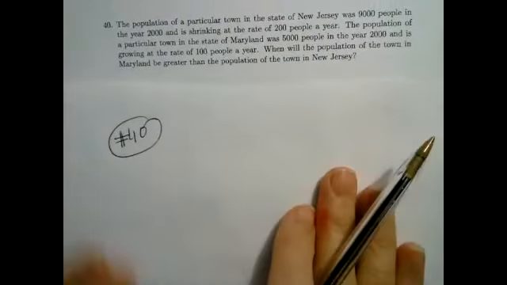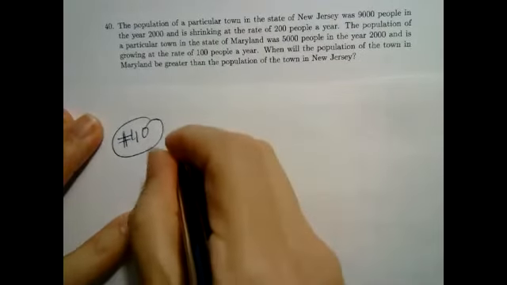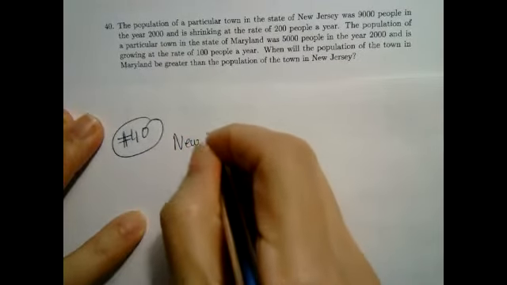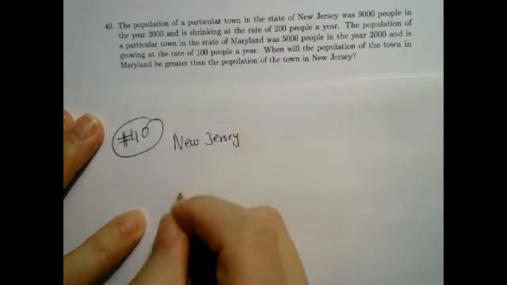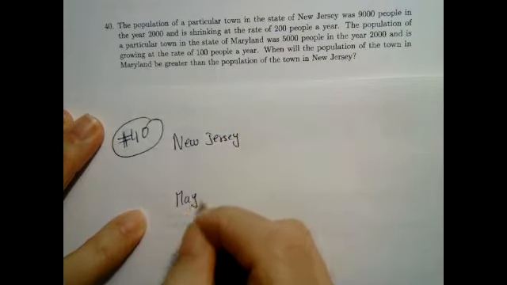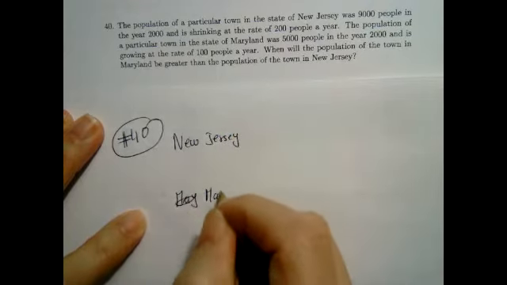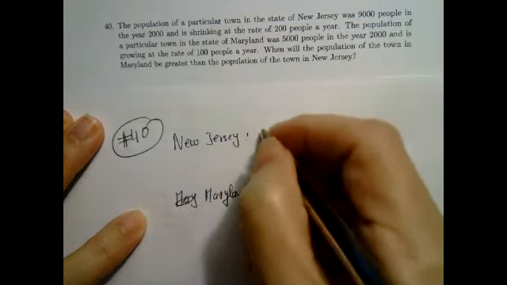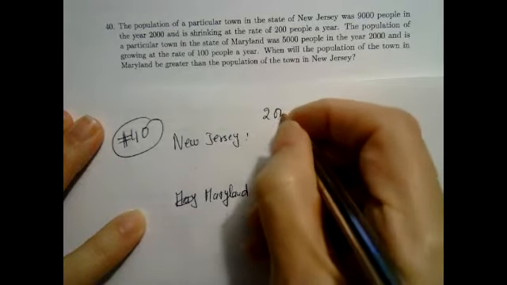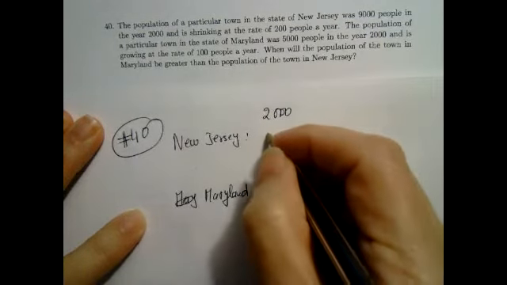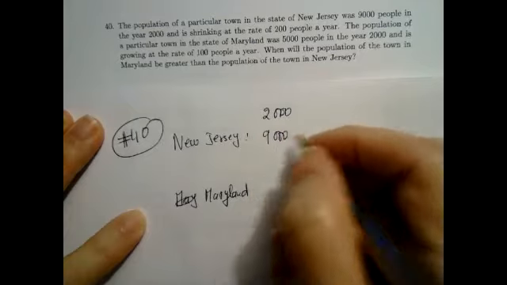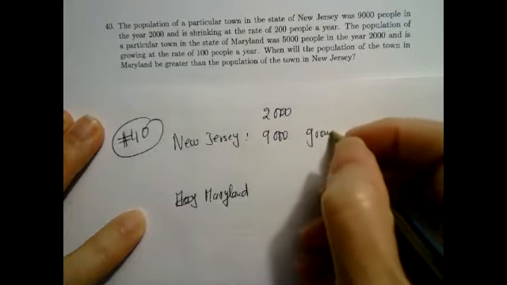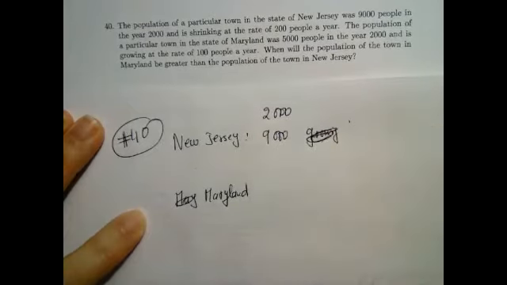So we have two populations here. We have New Jersey and we have Maryland. In the year 2000, New Jersey had 9,000 people and is shrinking.